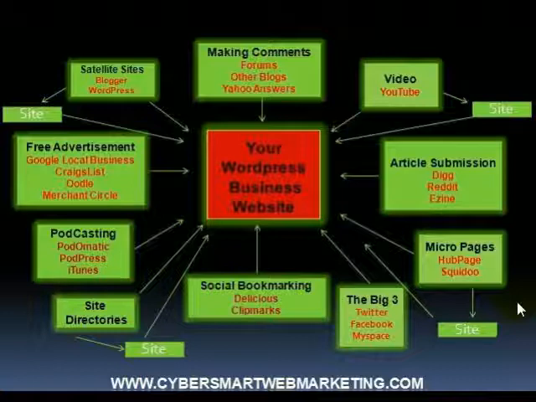That's a much better strategy than signing up with 1,000 accounts and spamming all the time. HubPages and Squidoo are little micro pages that you can set up. The thing with HubPages is you have to have absolutely unique content, so this kind of takes away from your home site, but you can have some success there as well.